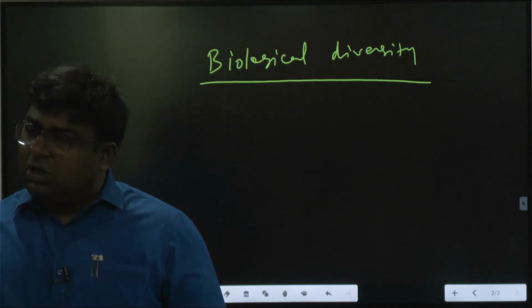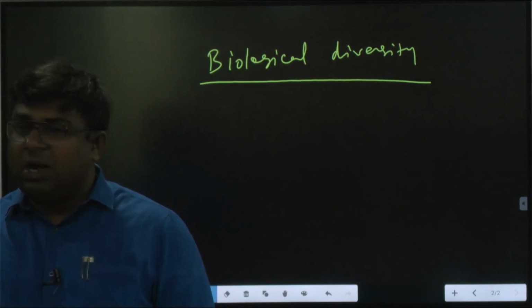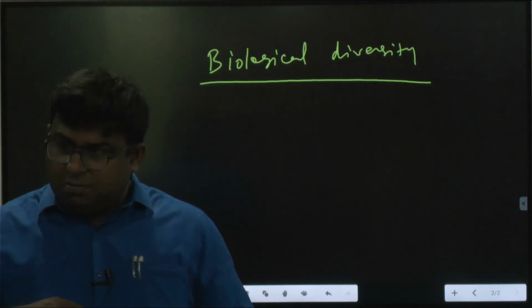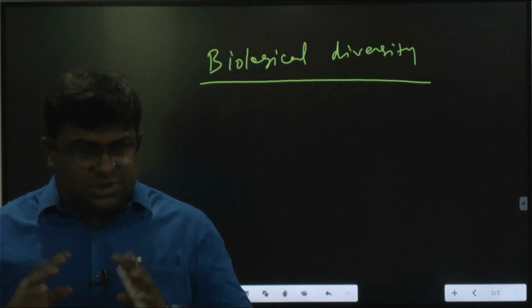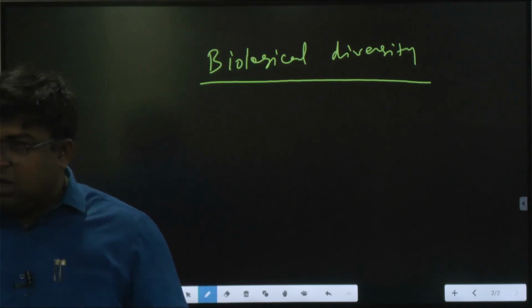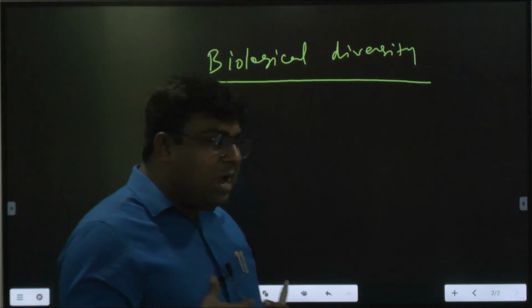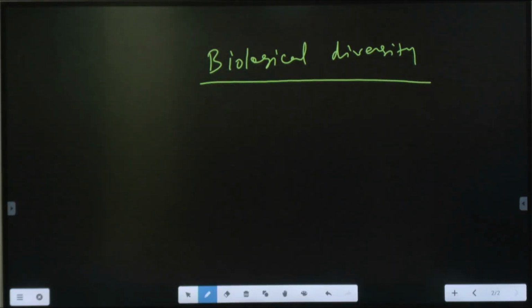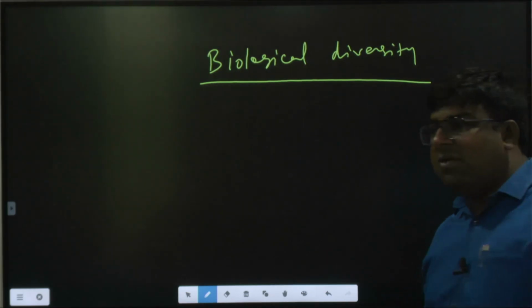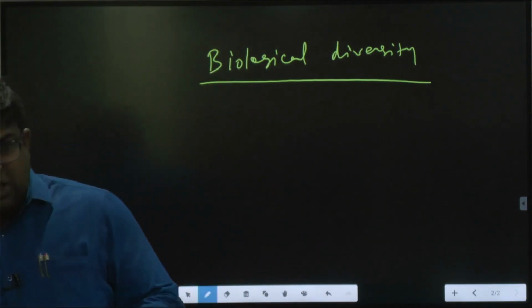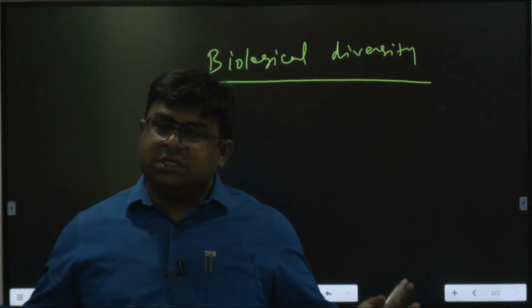So out of 10 million types of species which may have their presence over Earth, humanity has information only about 1.5 to 1.8 million types of species. This data is an indication of the fact that the subject of biodiversity consists of an enormous scope of research even today.